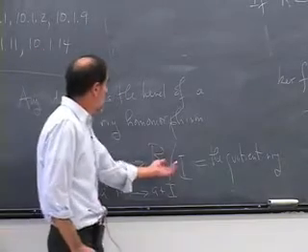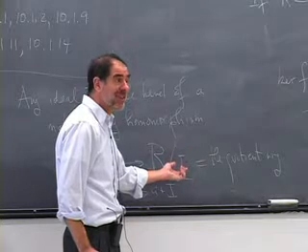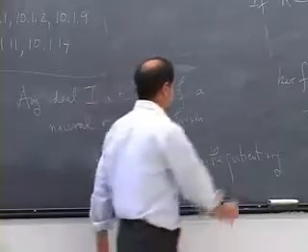So this is just the quotient abelian group. And I just have to tell you how to multiply things in here, to give you the ring structure.